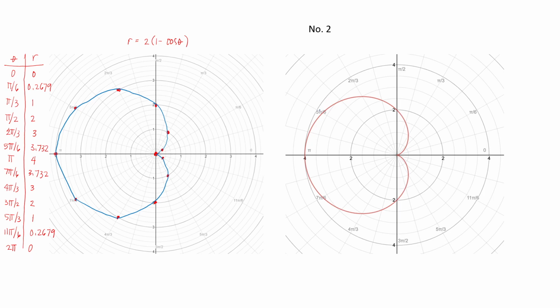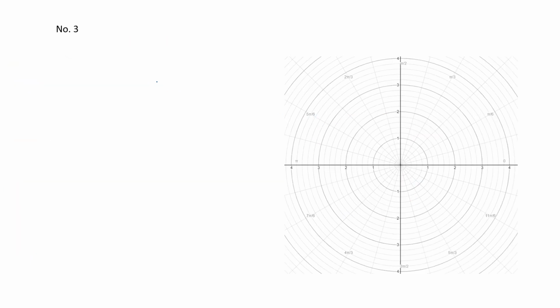Okay, so let's try number 3. Okay, it's getting simple, isn't it? So r is equal to negative 2 sine theta.